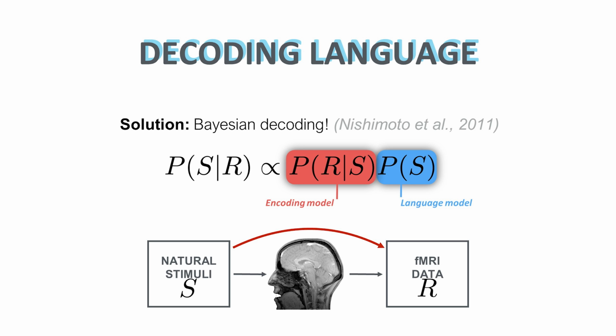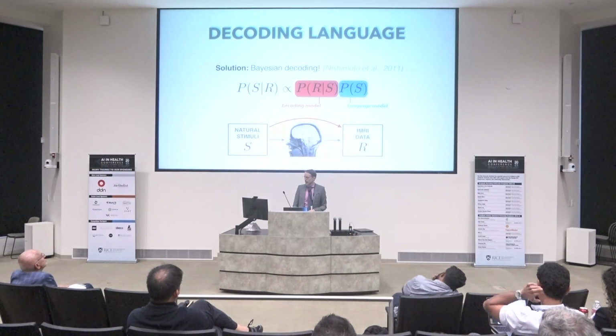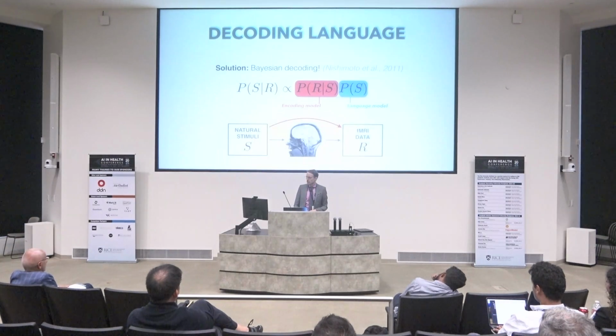Bayes' rule tells us that we can swing things around. We can reframe this as the product of the probability of the response given the stimulus and the probability of the stimulus, normalized by the probability of response, but we don't care. That actually doesn't matter for our purposes. And it turns out that these two things, P of R given S and P of S, we already have them. We have very, very good models for these things.